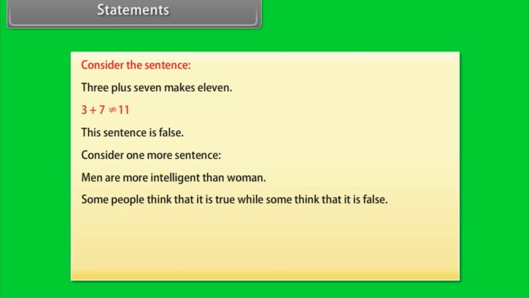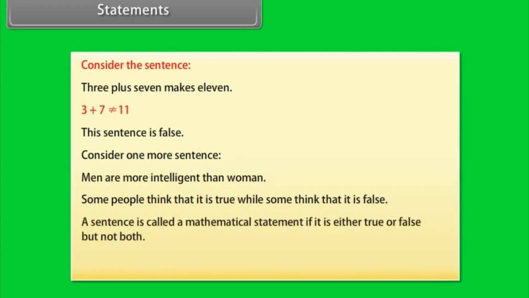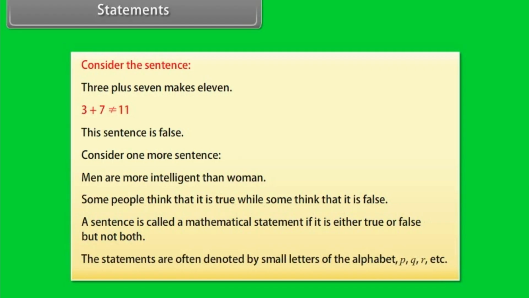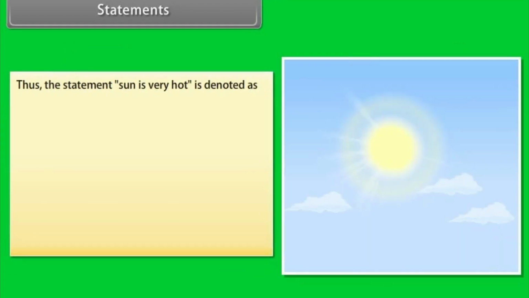Now we define a mathematical statement. A sentence is called a mathematical statement if it is either true or false, but not both. The statements are often denoted by small letters of the alphabet, p, q, r, etc. Thus, the statement "Sun is very hot" is denoted as p: sun is very hot.